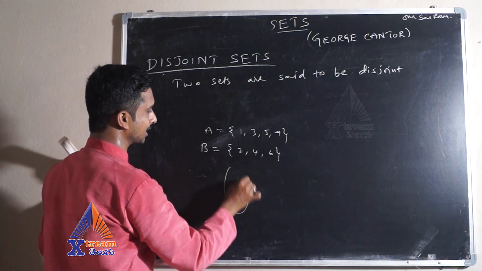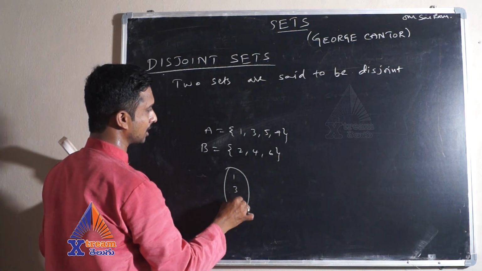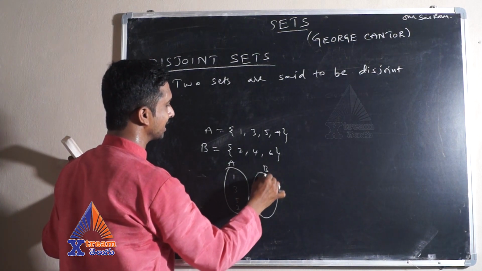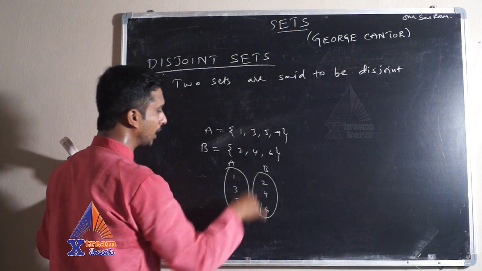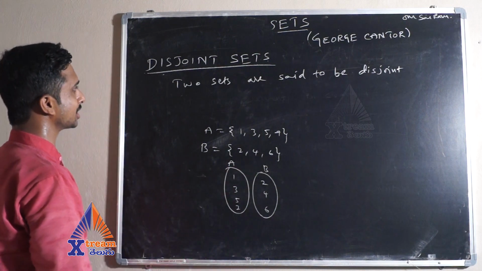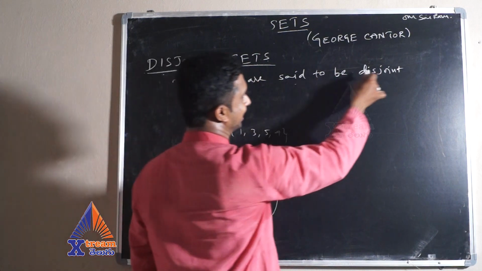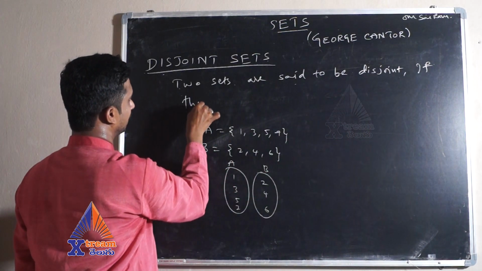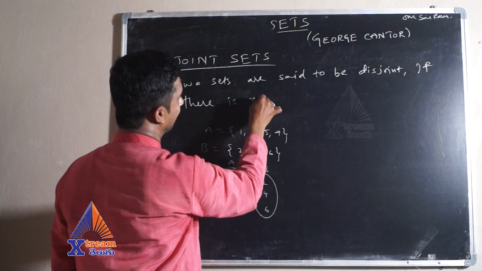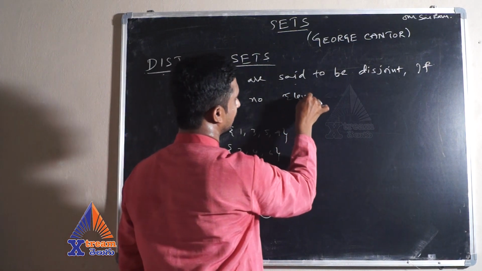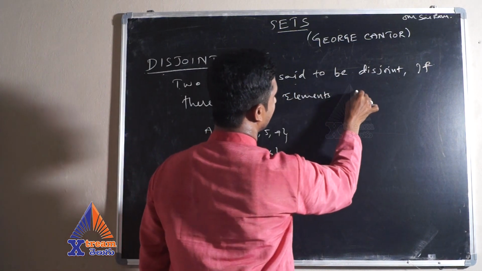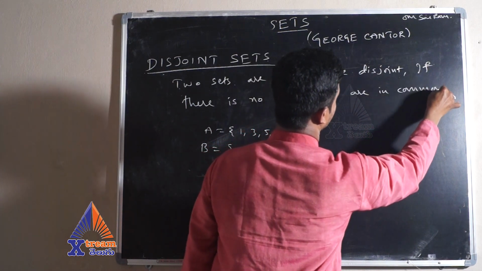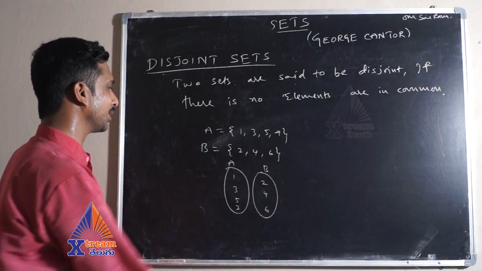So in set A the elements are 1, 3, 5, 7, and in set B the elements are 2, 4, 6. No element is in common. So two sets are said to be disjoint if no elements are in common. Okay, so the example is here.